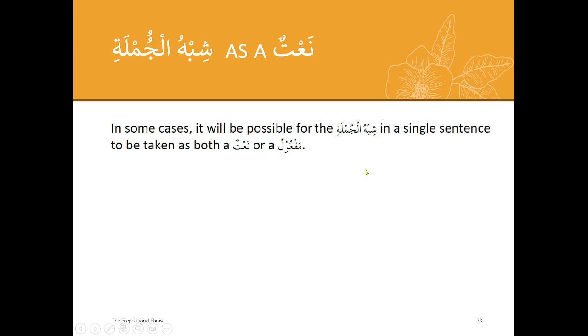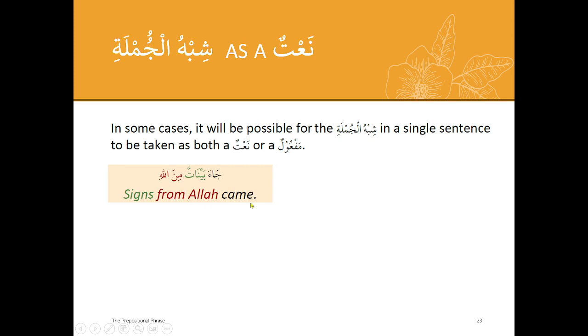Now, in some cases, just to add spice to the curry, it will be possible for the Shibh Jumlah in a single sentence to be taken as either a na'tun or a maf'ul. How can this happen? It depends on where you put the comma. Ja'a bayinatun min Allah.